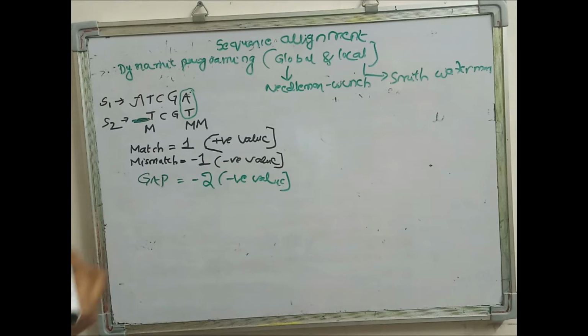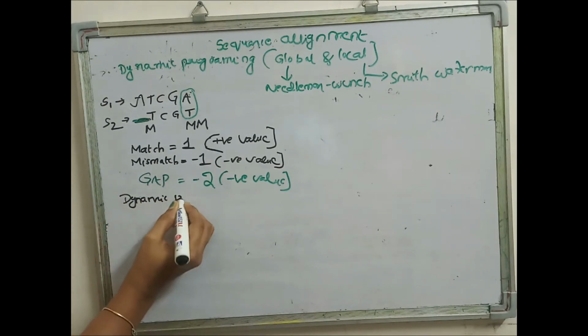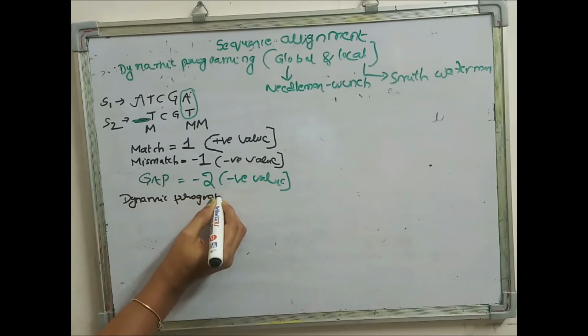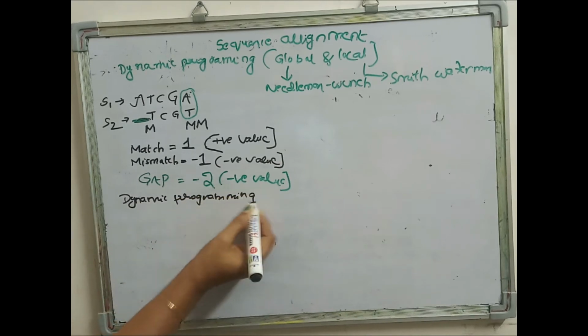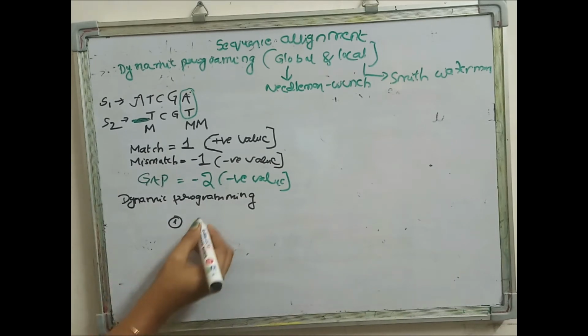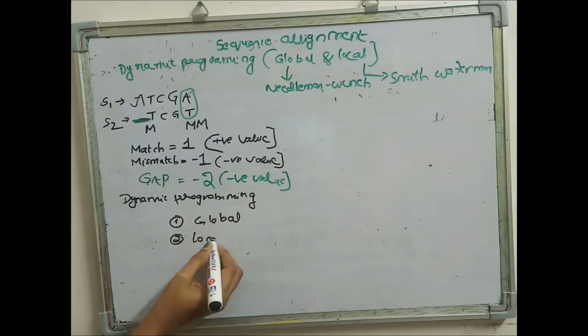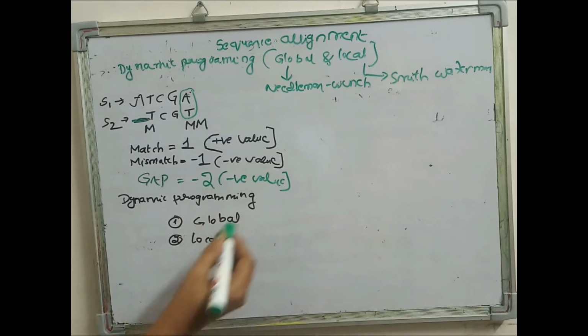Dynamic programming for sequence alignment can be used in pairwise sequence global alignment and local alignment. Global alignment is end-to-end sequence alignment.